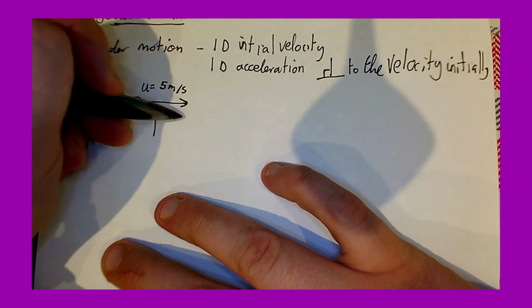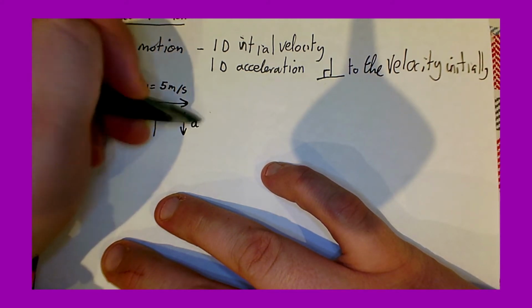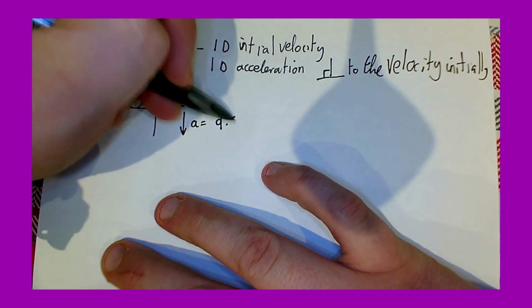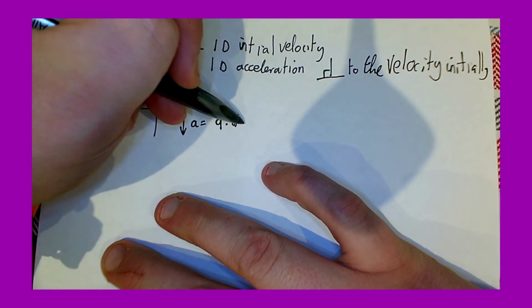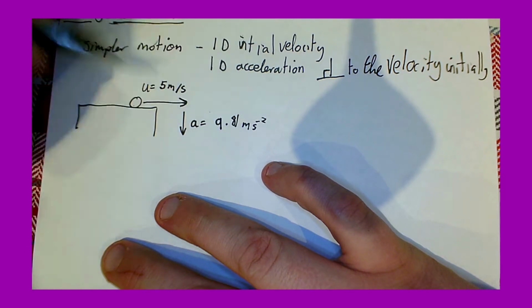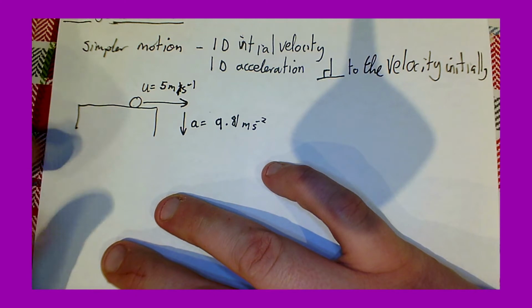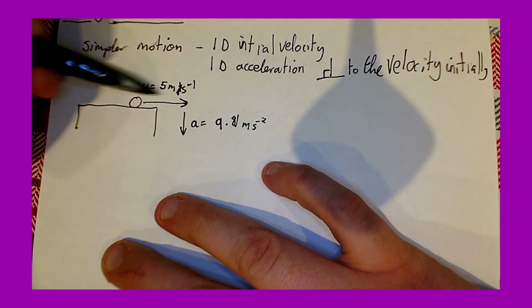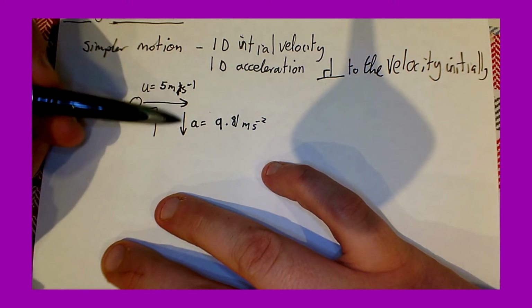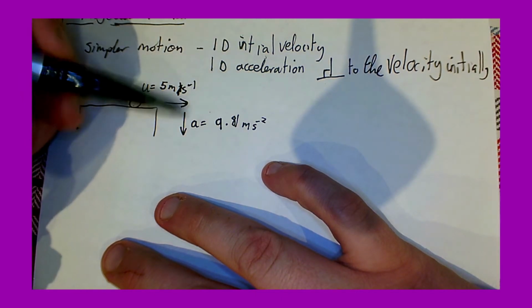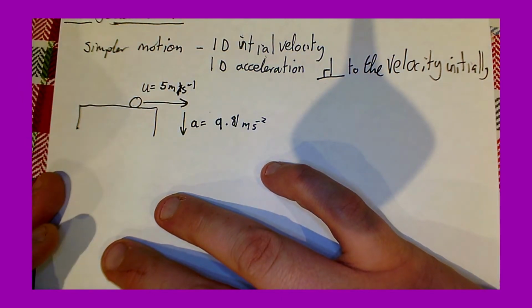And then the acceleration that we have is going to be gravity, so 9.81 meters per second squared. So we've got a velocity going horizontally, we've got an acceleration going down. 1d initial velocity, 1d acceleration, initially perpendicular.